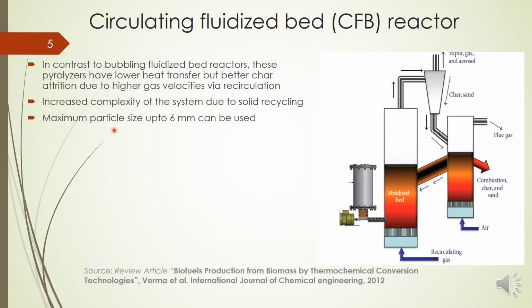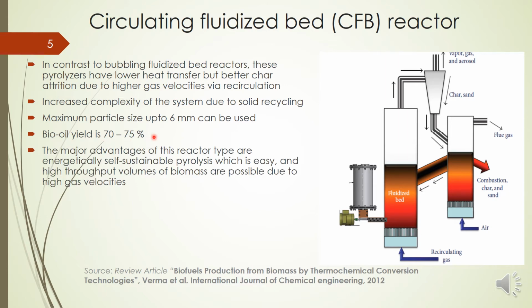And here we can use a maximum particle size of 6 millimeter, not 2 millimeter like before. Here we can use a particle size of around 6 millimeter, and the bio oil yield is 70 to 75%. So we get a bio oil yield very near to the normal bubbling fluidized bed reactor. But the major problem is the high gas velocity.